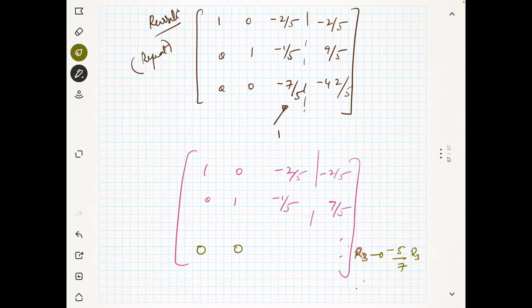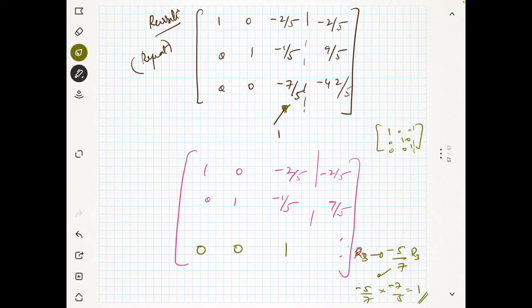So I am multiplying here with this guy. That means minus 5 by 7 into row 3 element, which is minus 7 by 5, becomes 1. So that's a good idea because we need 1, 1, 1, 0, 0, 0, 0, 0, 0, like this, right? So we got this one.